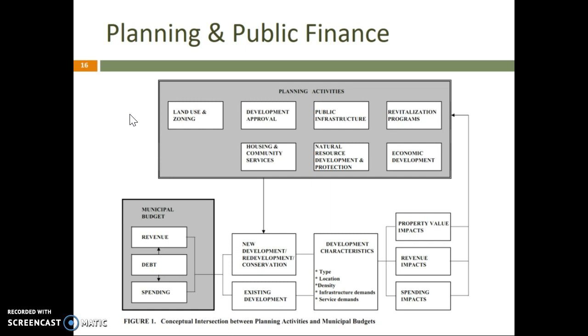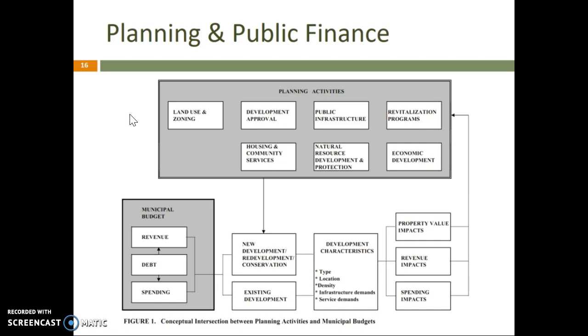I want you to pause and think about where your interests lie in terms of these planning activities, and think about a specific policy or program that you're passionate about, and how it interacts with the municipal budget or with public finance.